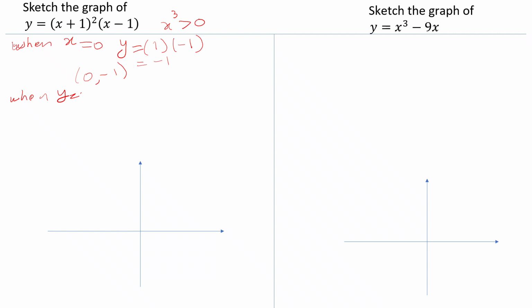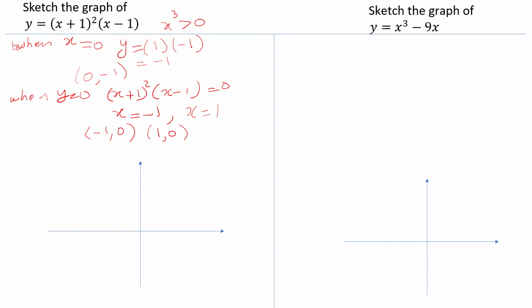When y equals 0, (x + 1) squared times (x - 1) equals 0. So x equal -1, same roots, because (x + 1) squared. So x equal -1 and x equals 1. So the coordinates (-1, 0) and (1, 0).